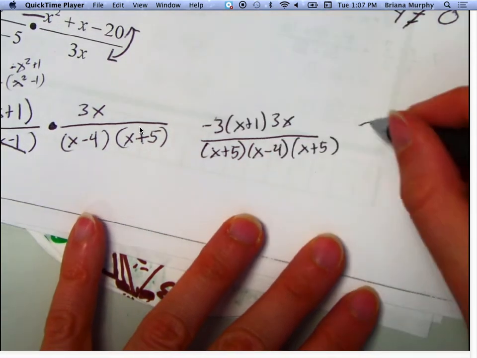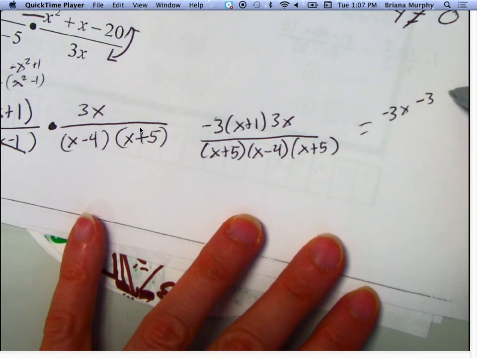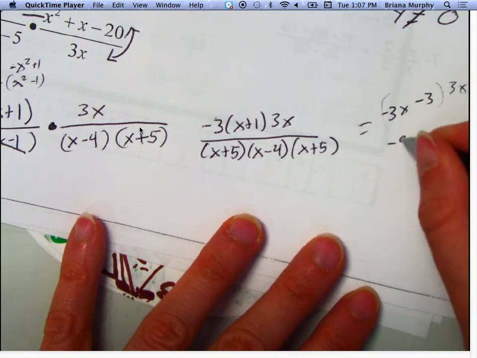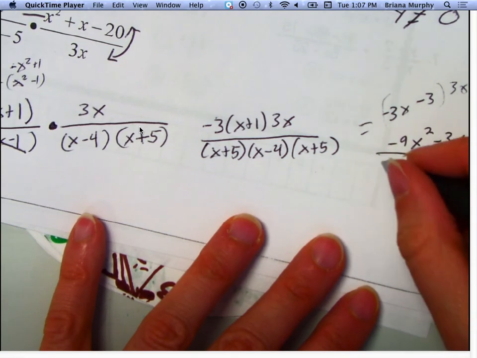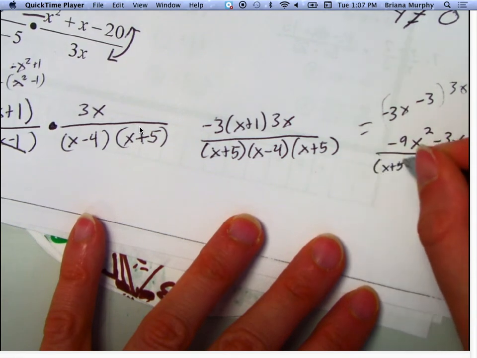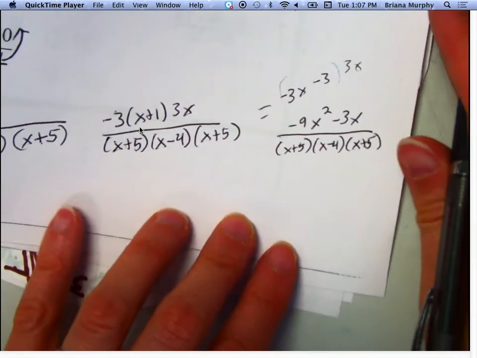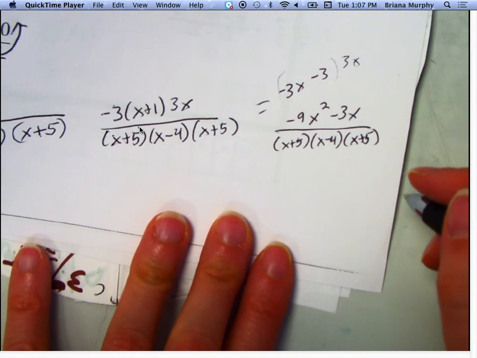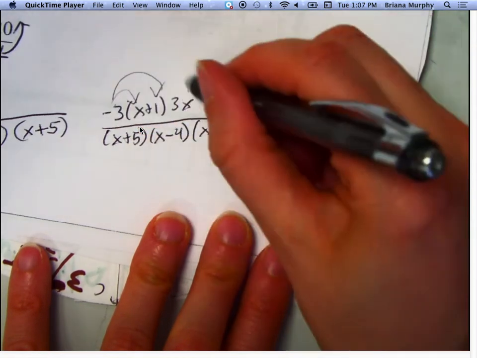Negative 3 times x plus 1 gives me negative 3x minus 3, times 3x, which gives me negative 9x squared minus 3x, all over x plus 5 times x minus 4 times x plus 5. I just multiplied these together. I distributed this, and once I did that, I distributed this.